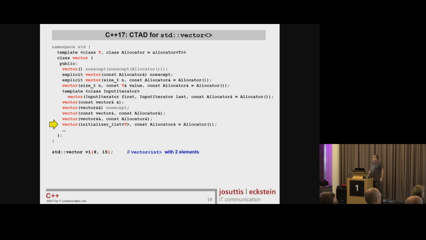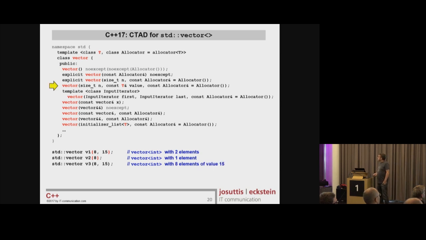So yes, if you declare a vector, you don't say what it is, and you pass some curly braces saying this vector is initialized by 2 ints, class template argument deduction will deduce that this is a vector of int, and that also works for one element. If you don't use curly braces here, then the initializer list constructor is not used. So we will still deduce a vector of int, but the vector has 8 elements of the value 15.